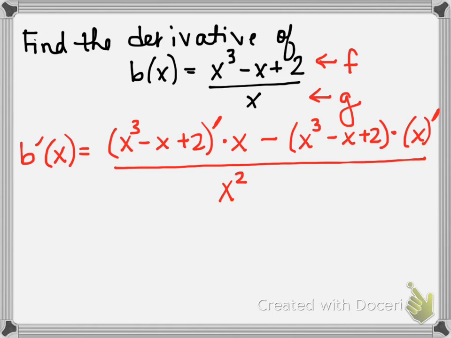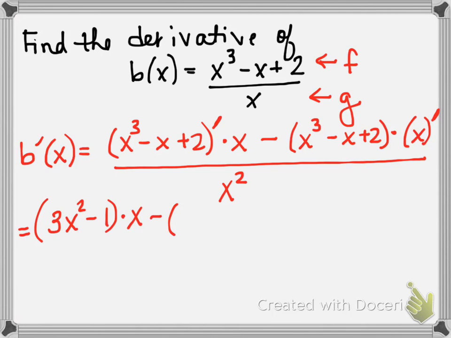So let's go ahead now and take these derivatives. This was my intermediate step. So now I take the derivatives. The derivative of x cubed minus x plus 2 is 3x squared minus 1. So I get 3x squared minus 1 times x minus, now the derivative of x is just 1.